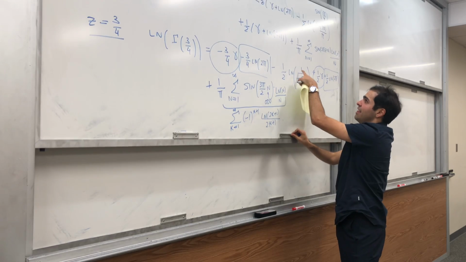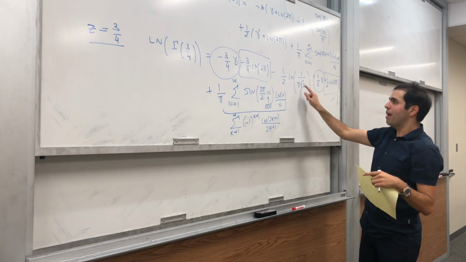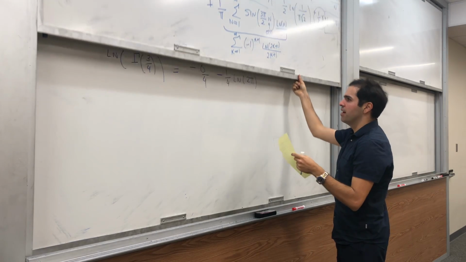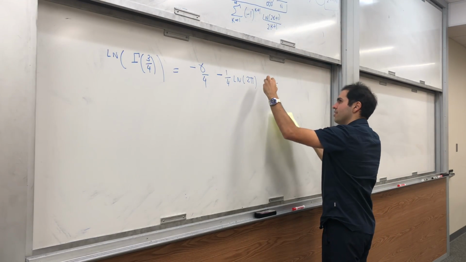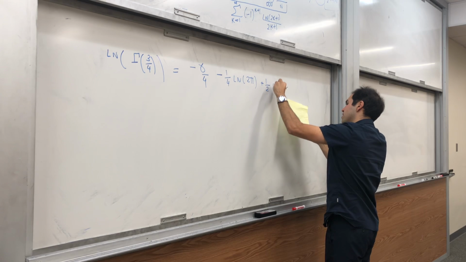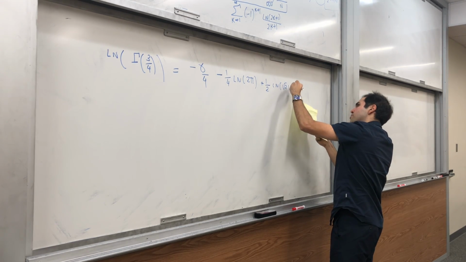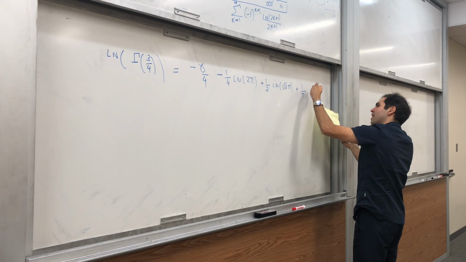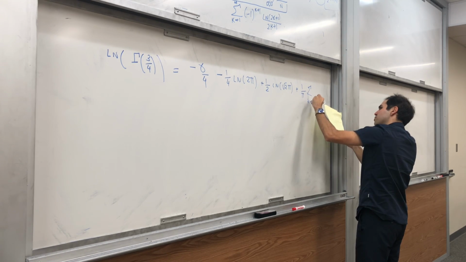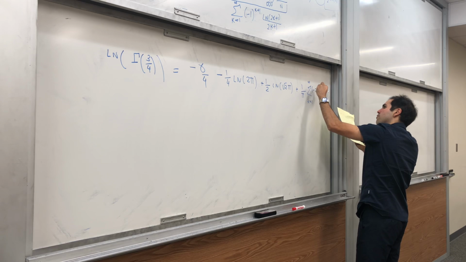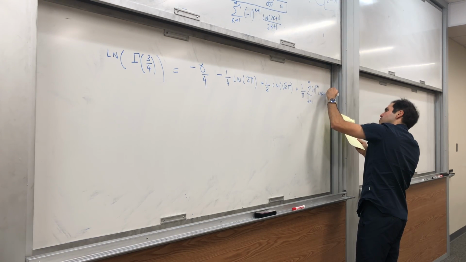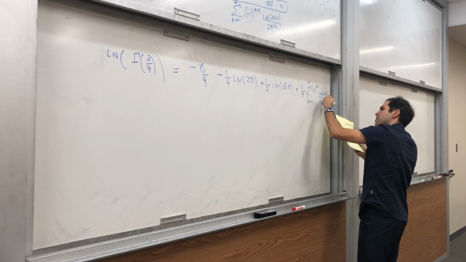This thing here, ln of 1 over something, is minus ln of that something. With that minus, it becomes a plus. So plus 1/2 ln of square root of 2 pi. And the sum that we want, 1 over pi, sum from k equals 1 to infinity of minus 1 to the k plus 1 ln of 2k plus 1 over 2k plus 1.